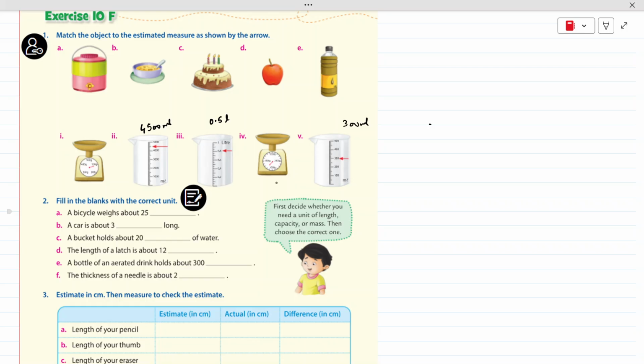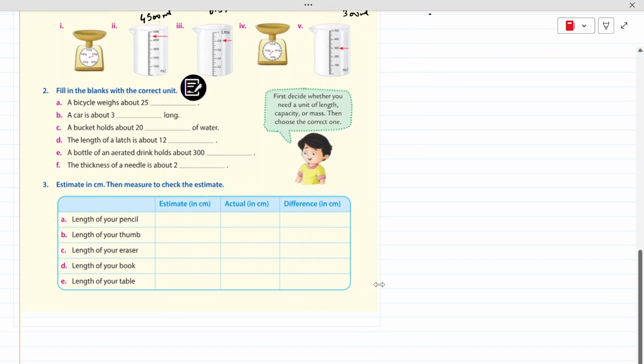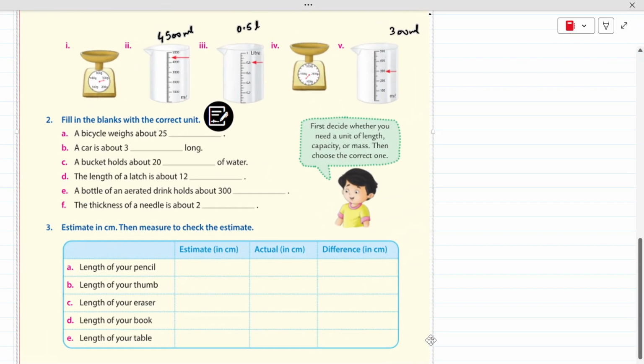Now coming back here, let me expand it a little more. This one is greater, and this one is particularly smaller.